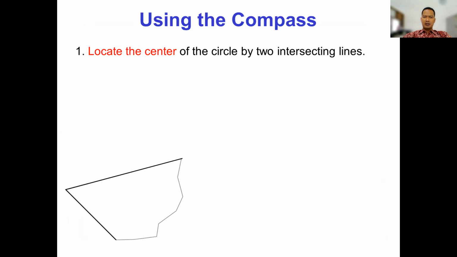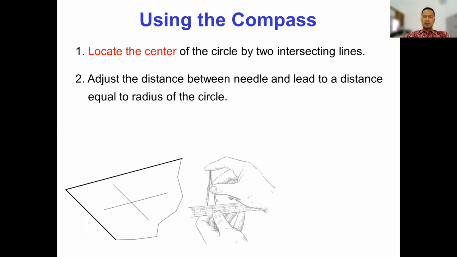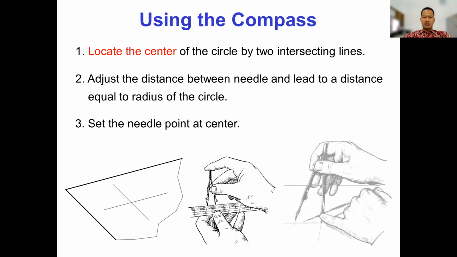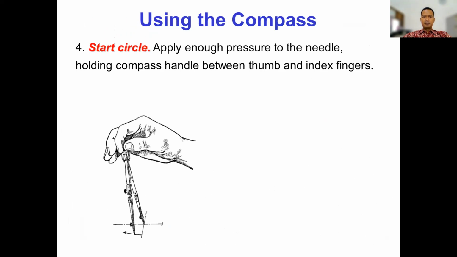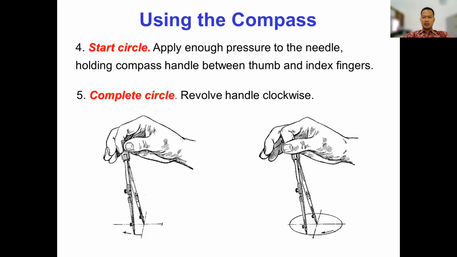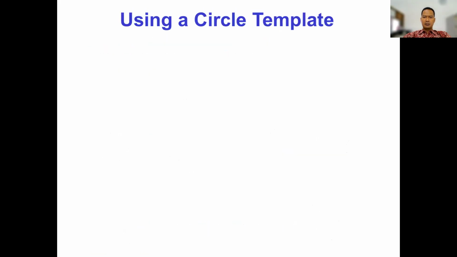Number 1, locate the center of the circle by two intersecting lines. For example, like this, and then adjust the distance between needle and lead to a distance equal to the radius of the circle. I think it is easy. And then start the circle and complete the circle.